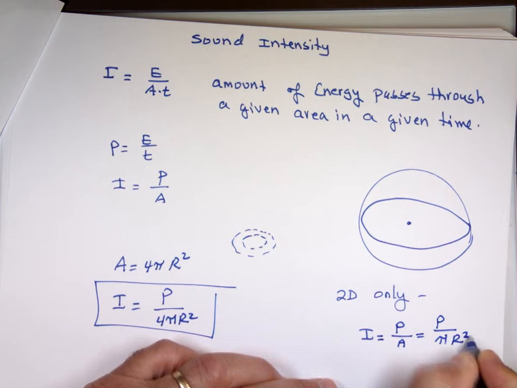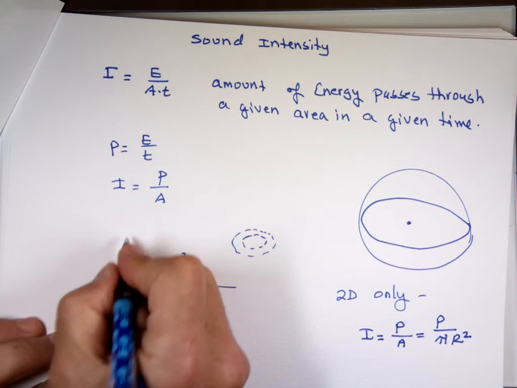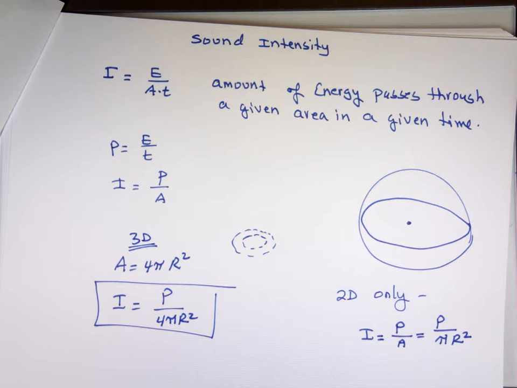But now when you have a speaker, sound is actually 3D. The sound travels in three dimensions, in the x direction, the y direction, and up and down, not just on the ground, also in the air. So that's the equation that we actually use.